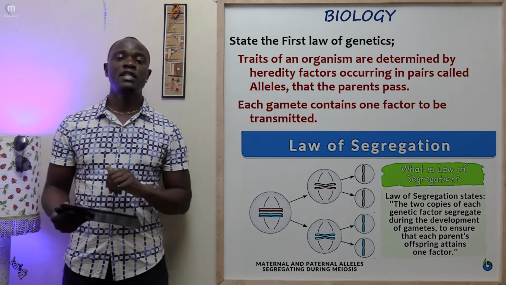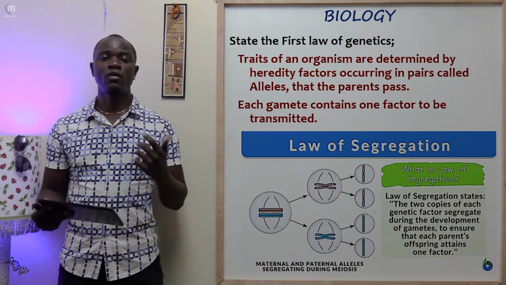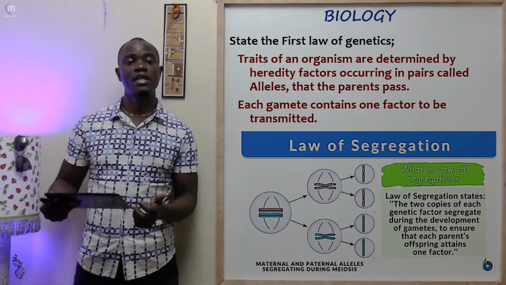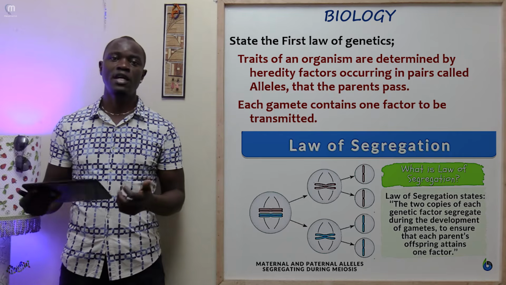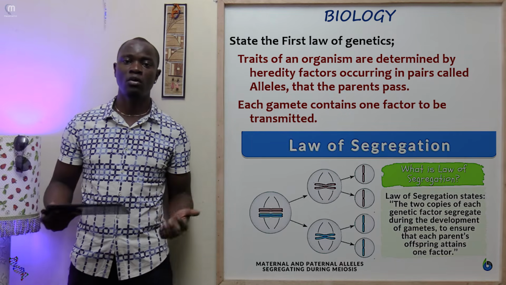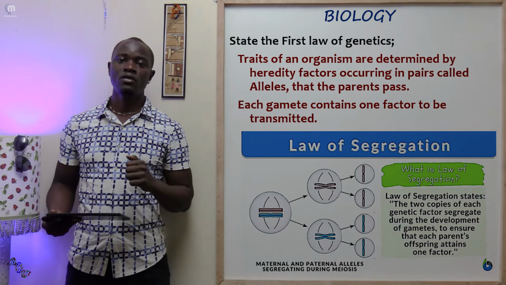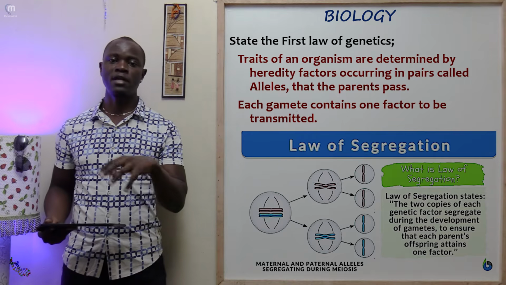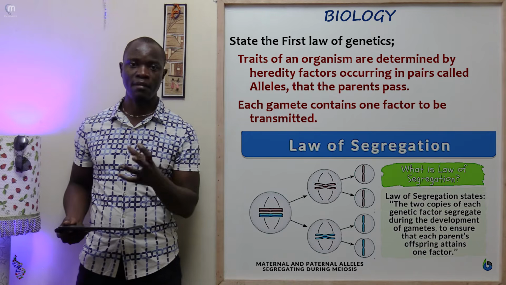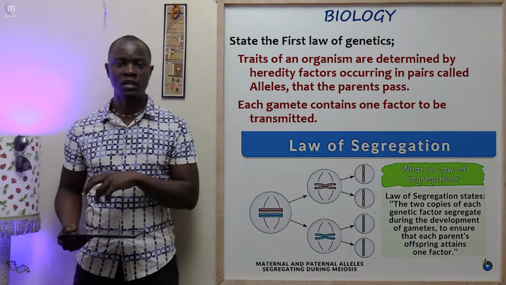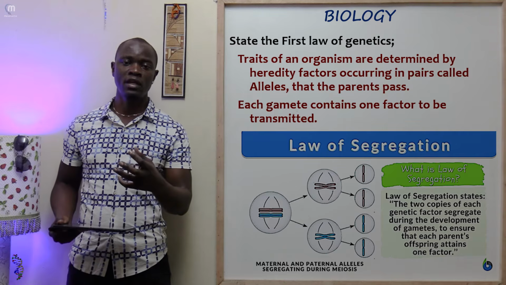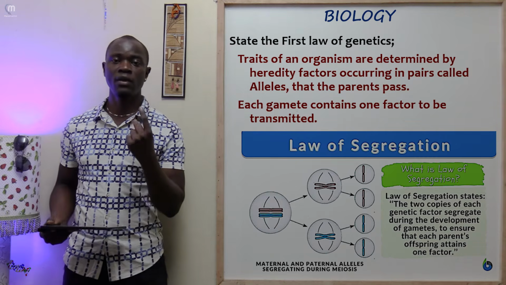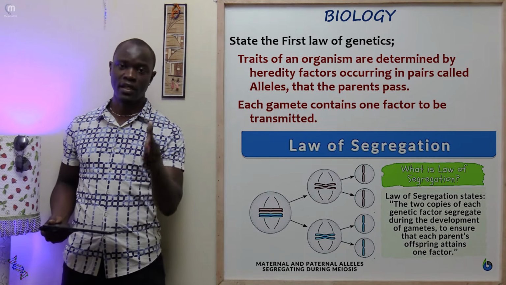The first law of genetics states that a characteristic of an organism is determined by the hereditary factors that occur in pairs which are called the alleles. If the parents were, let's say, the dad has a dominant tall gene and the mom has a recessive short gene, the offspring is going to obtain only one characteristic for the height.